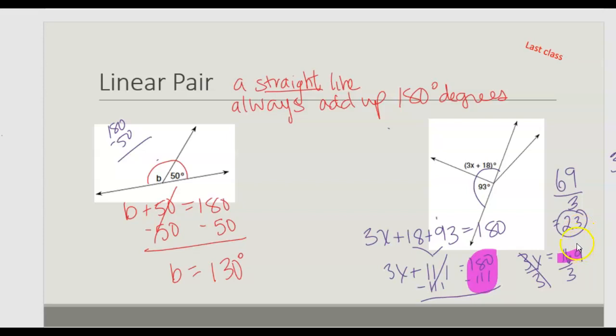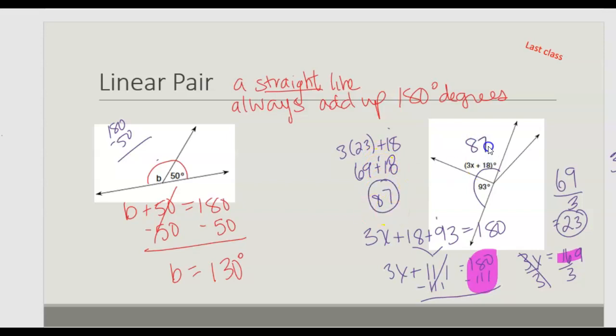And the other way we could have totally checked our work as well is by plugging that x value in here and seeing, do they really add up to 180 degrees? And if we put in that 56.3 that we got, it would not have worked. So this is a really good lesson that we all learned together. Good error analysis. Double check your work. If we plug in 23, we're going to get 69 plus 18, which is 87.